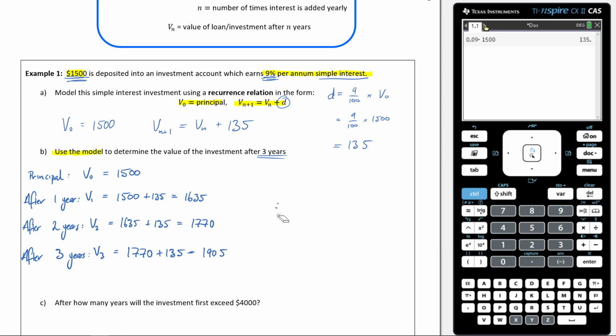Therefore, after 3 years, the investment is worth $1,905. That's how you do that.